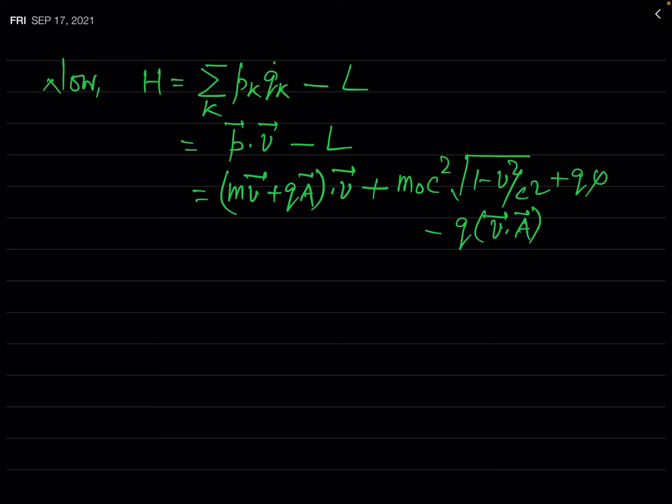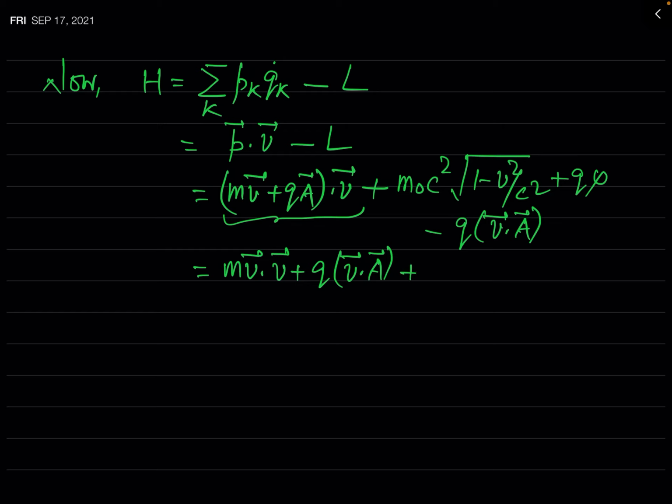I hope you are understanding the steps. Now let us simplify this first term. This is in fact mv dot v plus q v dot a. Don't be confused that there should be a dot b, because the scalar product of two vectors is commutative. So a dot v and v dot a are the same thing.